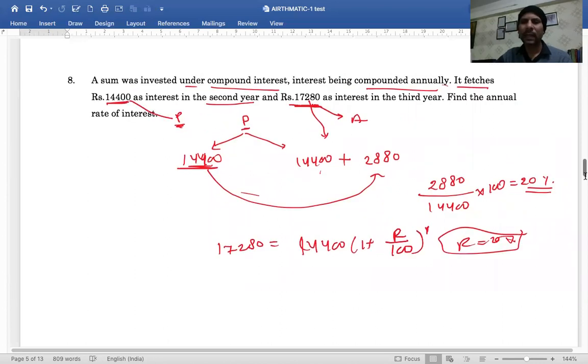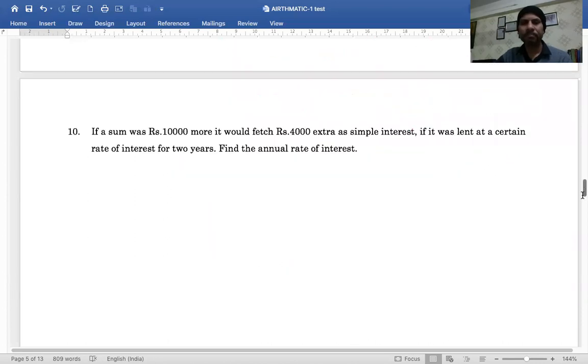Okay, let's move on to the next one. If a sum was rupees 10,000 more, it would have fetched 4,000 extra as simple interest. In general, we solve this question by taking the sum as rupees X. But what I say is, the extra interest you are earning is only because of this extra principal, because the rate of interest is the same and the time is also the same.